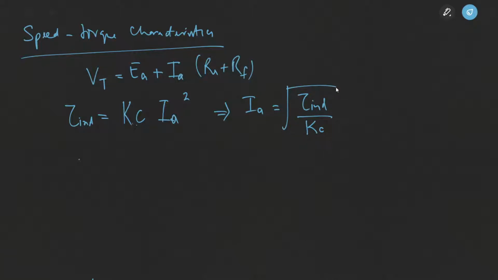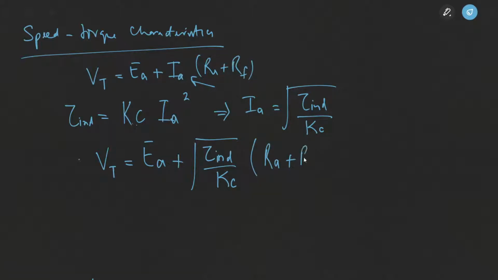Substituting the value of IA here, we get Vt is equal to EA plus square root of torque induced by Kc into (Ra plus Rf). Now instead of writing Ea, we can write K phi omega. We know this relationship.